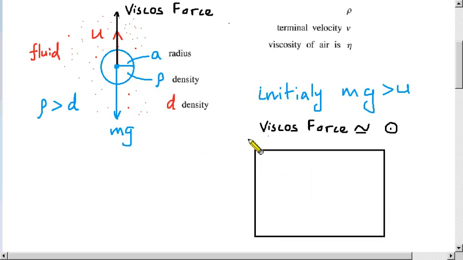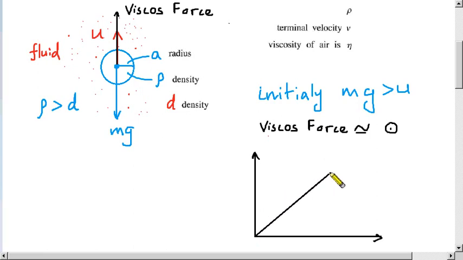So until a certain value is achieved, there is no considerable friction, that means viscous force. So how does this motion occur? Initially it accelerates and little by little the acceleration decreases, and finally the acceleration becomes 0.